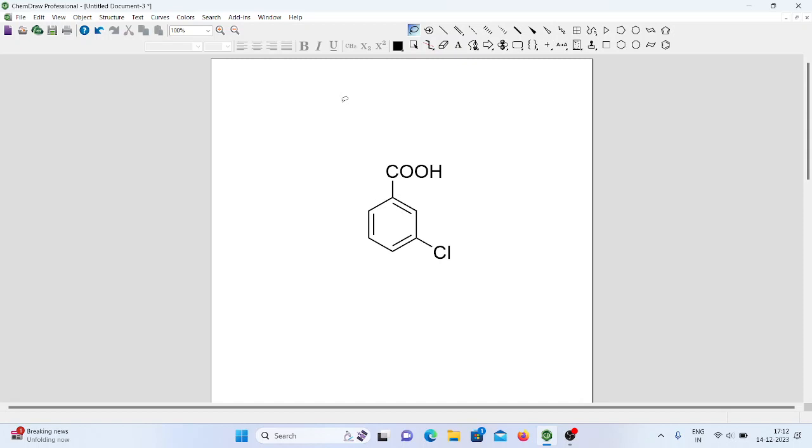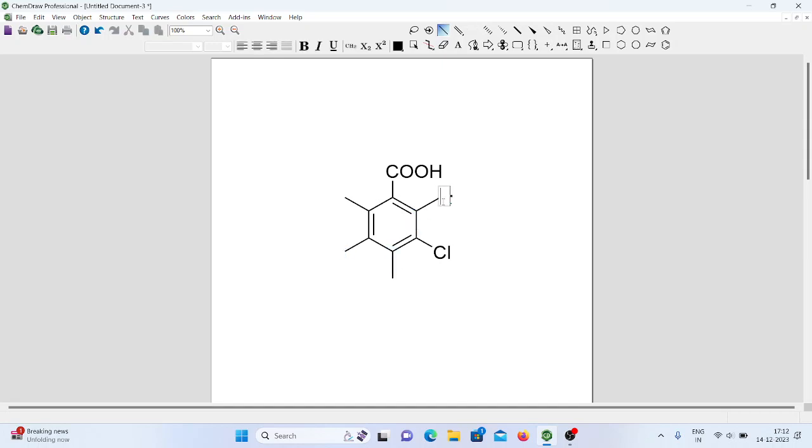In order to identify the proton NMR spectrum of this molecule, first we need to identify what different kinds of protons are present in the molecule, right? In this molecule we cannot see the protons. For identification purposes, I am representing the protons.